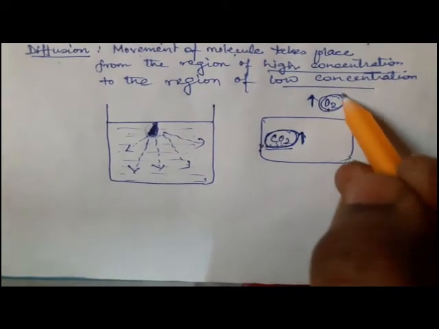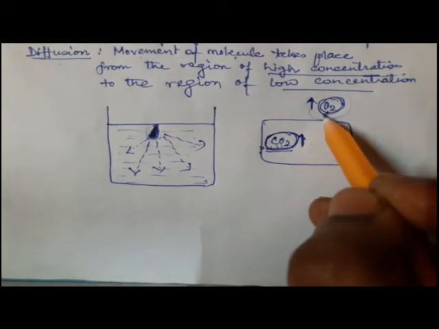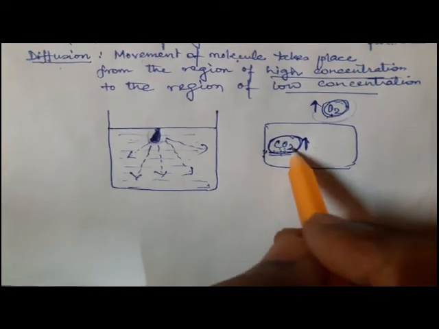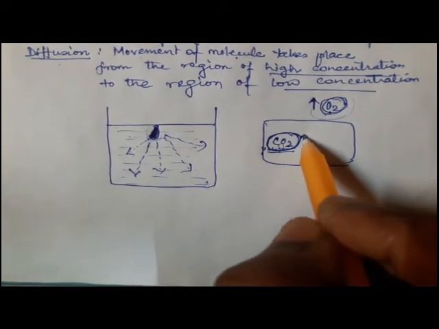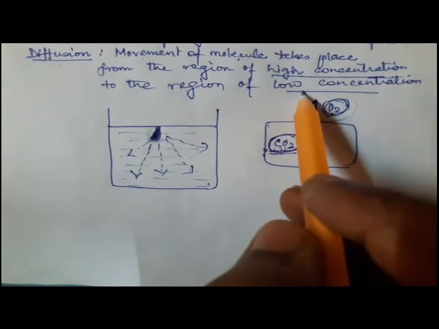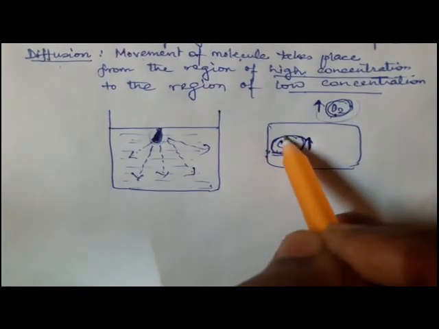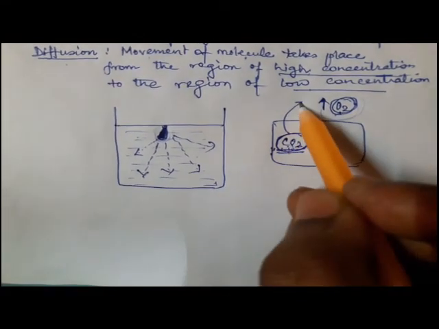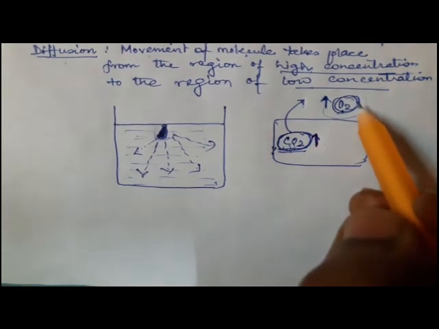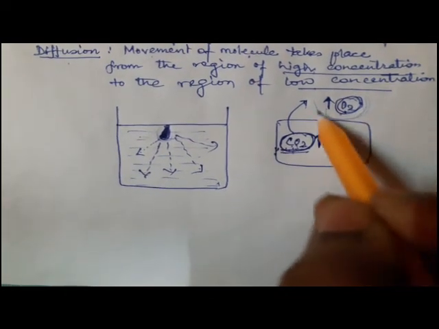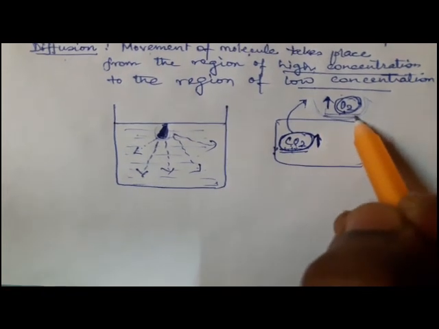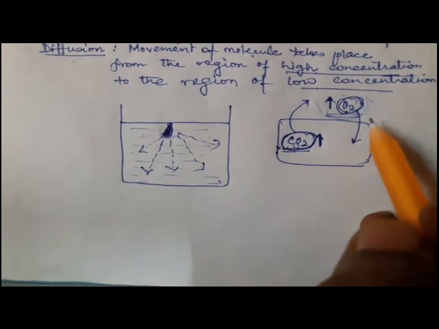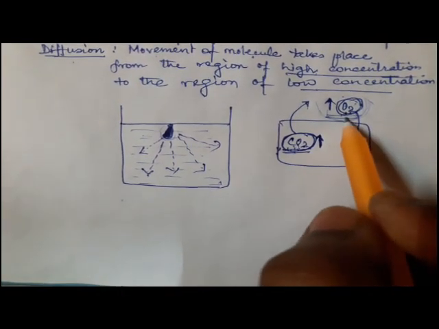So outside the cell the oxygen concentration is high, and inside the cell, due to respiration, carbon dioxide concentration has become high, right? Now we have understood from high concentration to low concentration. So carbon dioxide will move out from the high concentration to the low concentration region, and in a similar manner, as oxygen has high concentration outside the cell, it will move inside the cell because of diffusion only.